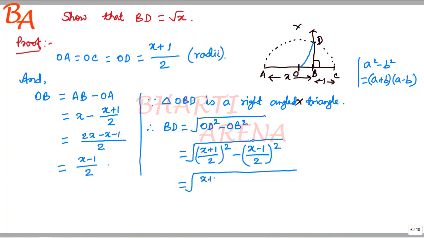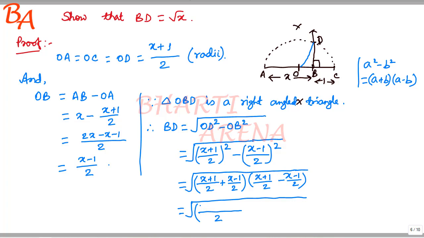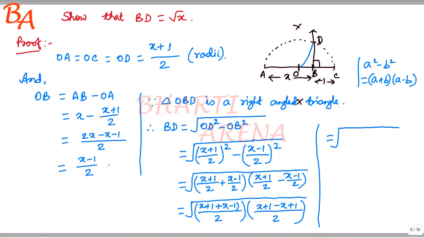So it will be ((x plus 1) by 2 plus (x minus 1) by 2) whole into ((x plus 1) by 2 minus (x minus 1) by 2), equals, LCM is 2 for this one, and here it will be x plus 1 plus x minus 1, and here again the LCM is 2, x plus 1 minus x plus 1, since minus minus plus, equals root under, these two will be cancelled and here these two will be cancelled.